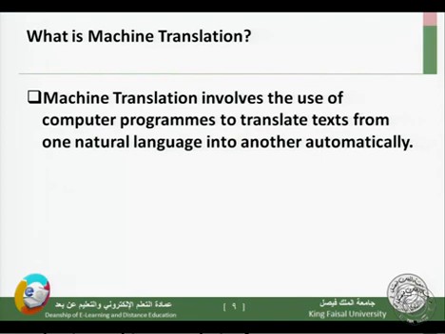It is less complicated than the computer-aided translation, I think, for you to understand, but probably a different system, and each system has its own advantages and disadvantages. But this one, machine translation, means the use of computer programs to translate text from one natural language into another automatically. This is what we mean by machine translation, all right?